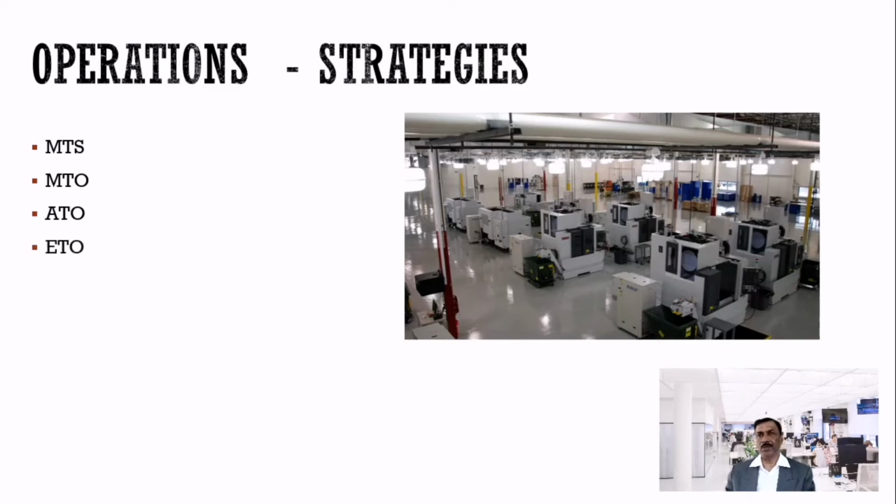There is one more extreme called engineer to order. This is used specifically for special, unique products. You want something to be designed and built as per your requirement. So here there is no inventory. You are going to start the design process only after receiving the order. After designing, you order the material and get it.